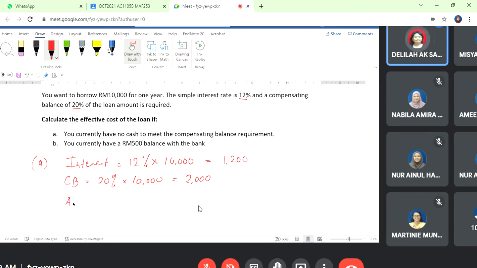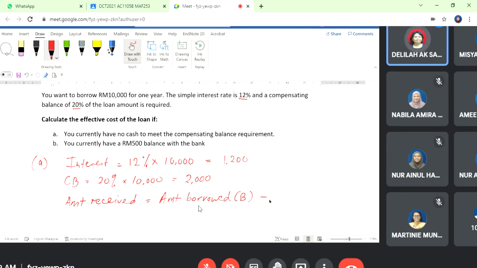So if you have a compensating balance requirement and a simple interest loan, the amount that you receive will be the amount that you borrow. Amount borrowed ni saya akan label sebagai B, in all the other calculations I'm going to do after this.